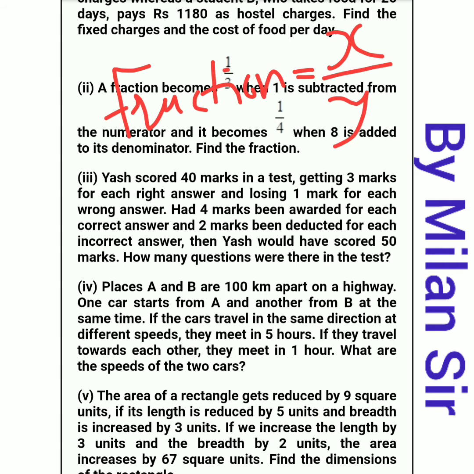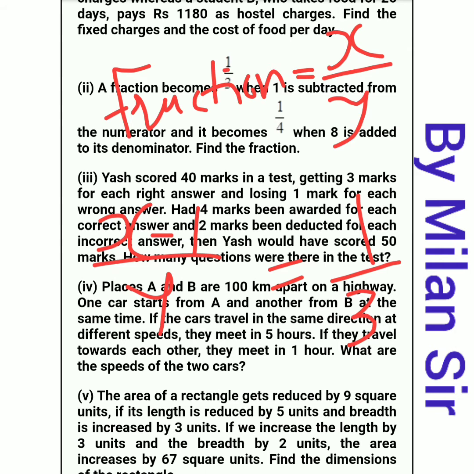Now we need to form our two equations. So our first line is: a fraction becomes 1 by 3 if we subtract 1 from the numerator. So in the fraction x upon y, just subtract 1 from the numerator.